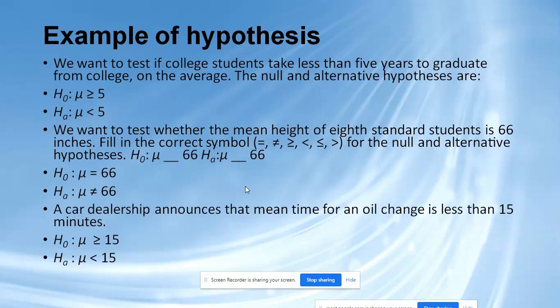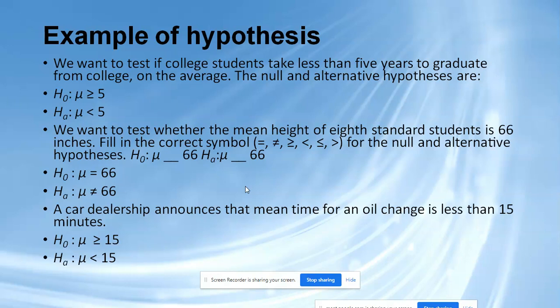Generally graduation is 3 years, for example BA, BSc, BCom. In the case of engineering it is 4 years, and architecture is 5 years. But in general, like BCom, BSc, we want to test if college students take less than 5 years to graduate on average.